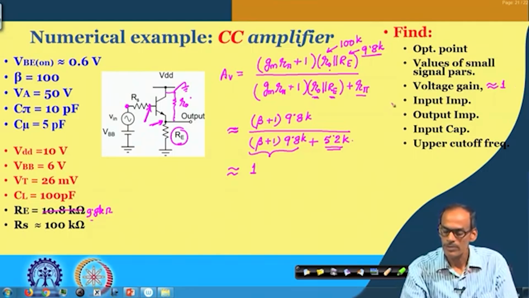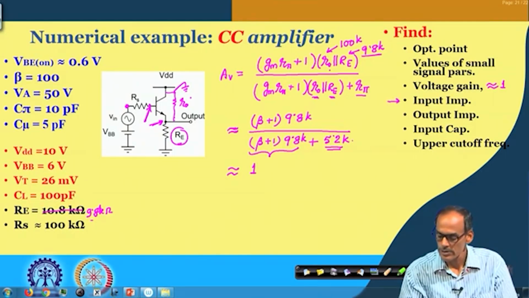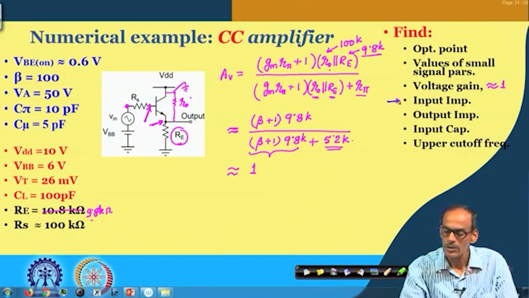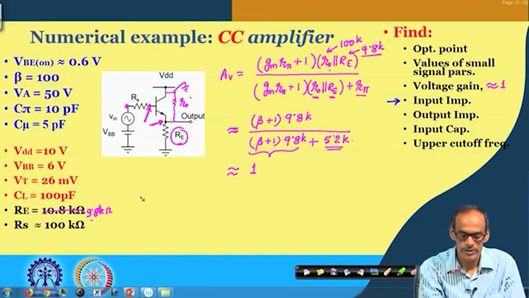Now, let us look into the input resistance.